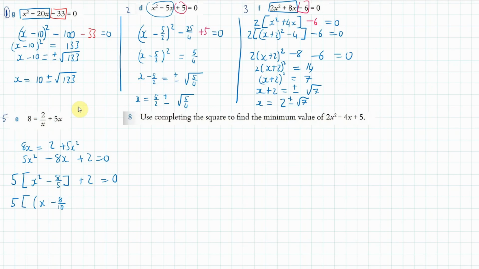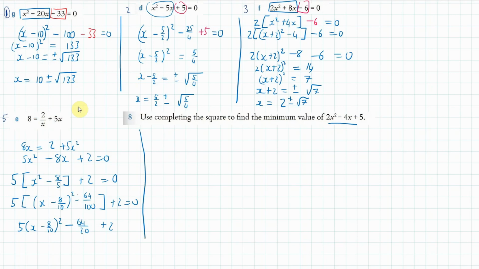Yeah, and then I'm going to square that, so that's minus 64 over 100 plus 2 equals 0. And then I expand it out, so I should get something like this. And that will become negative 64 over 20, I think, plus 2. And then we could rearrange and solve. So it's not a very nice one. I just wouldn't bother using that method for that, because it would be much easier to use the quadratic formula.